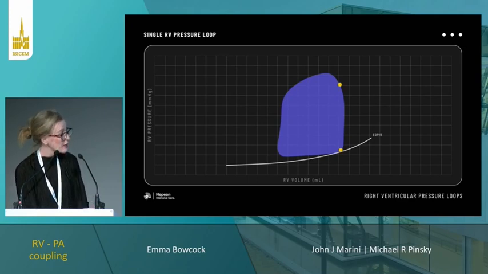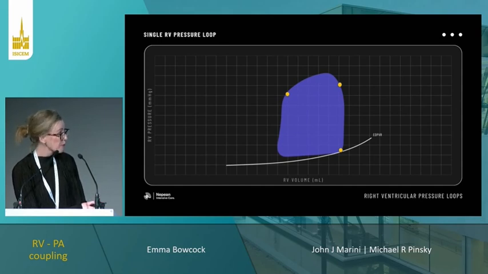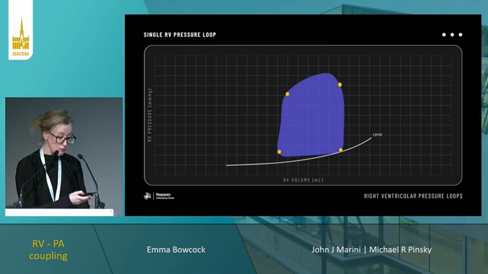We start at the end diastolic point, where the tricuspid valve has just closed, and we have isovolumetric contraction, and the pulmonary valve opens, and then we eject rapidly into the pulmonary circulation, and the pulmonary valve closes again. Then, as we get isovolumetric relaxation, the tricuspid valve opens again, and the right ventricle fills.